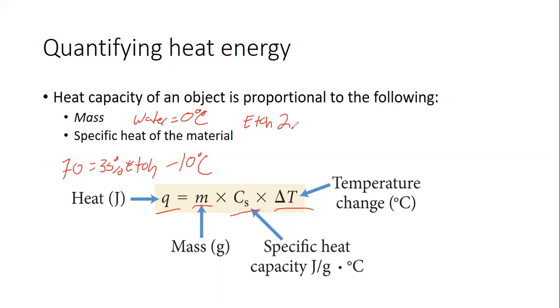So it takes less energy to freeze ethanol than it does water, which has a heat capacity of 4.184. The way to think about this is, the higher the heat capacity, the more energy you have to put in to heat something up, or the more energy you have to take away to freeze it. So in a word, yes, it is harder to freeze.